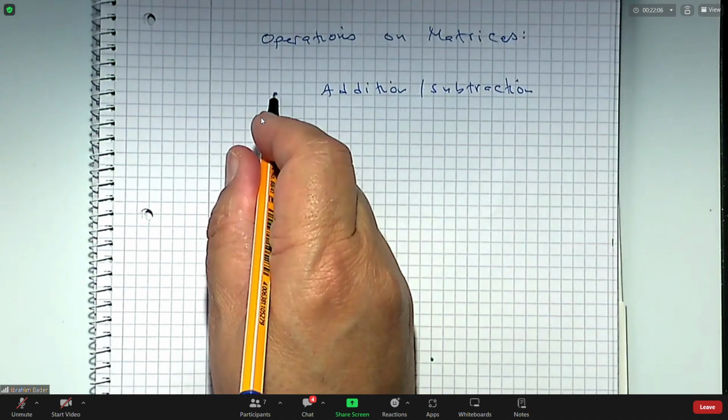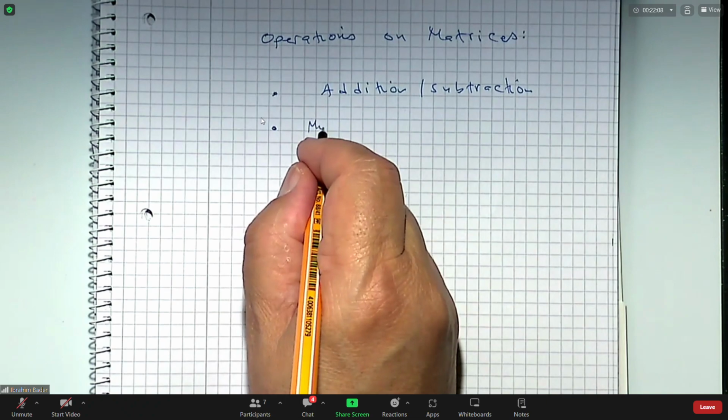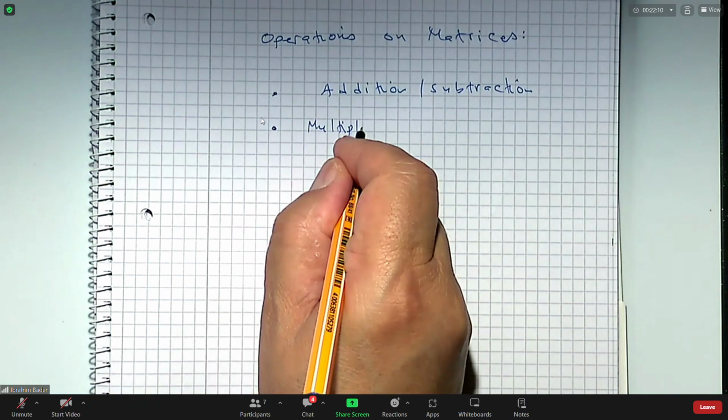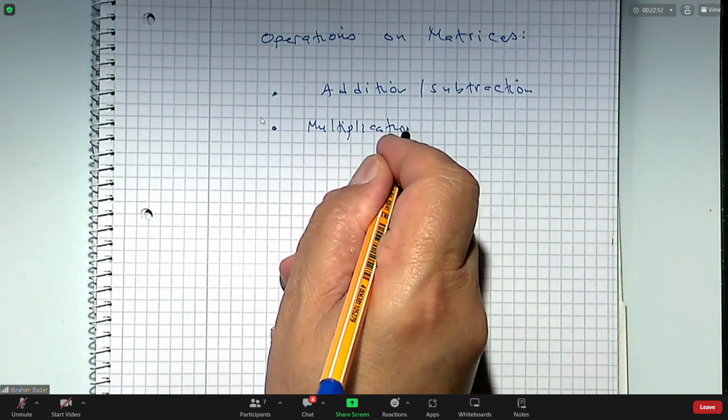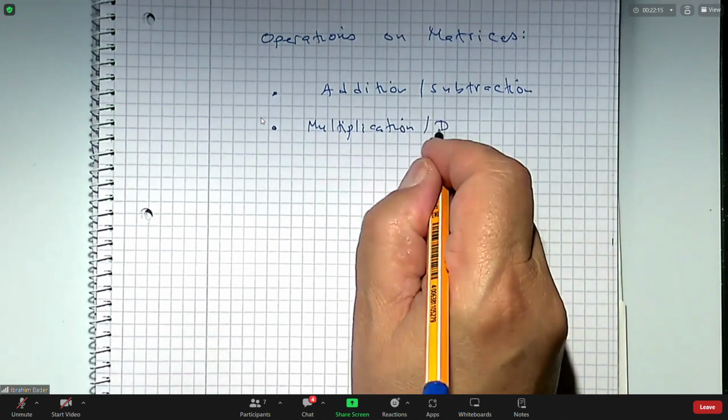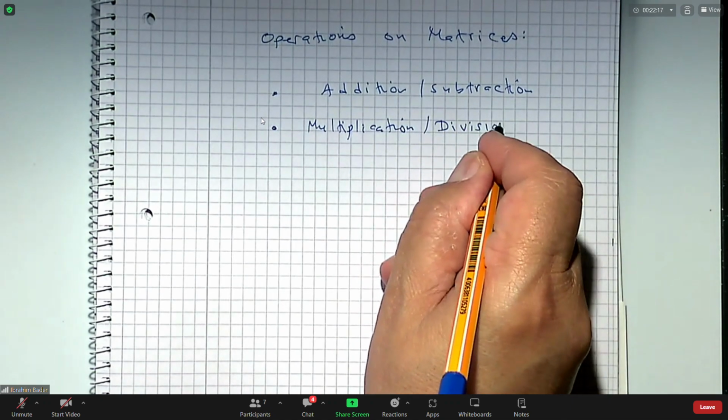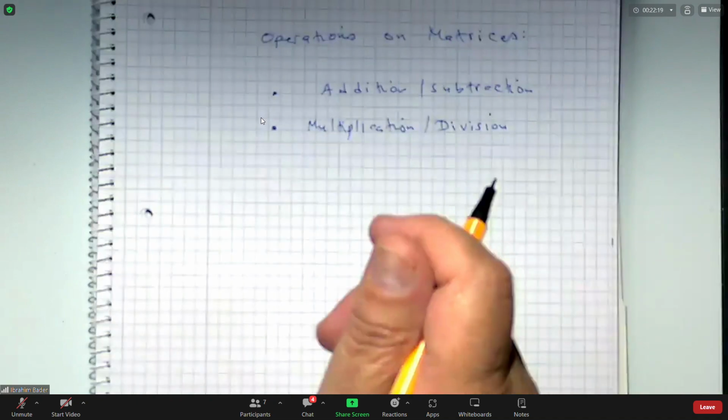Now, when it comes to multiplication and division, right? I assume these are the 4 basic operations you learned at school.